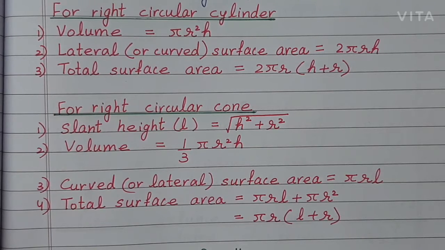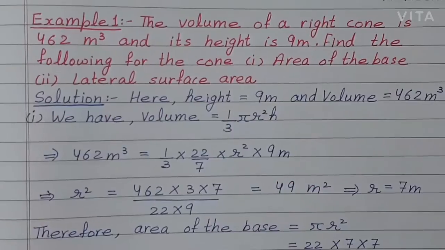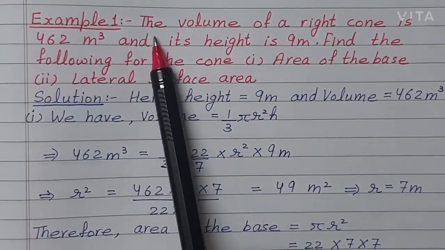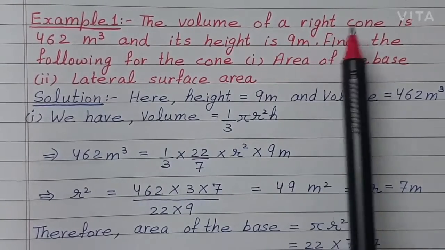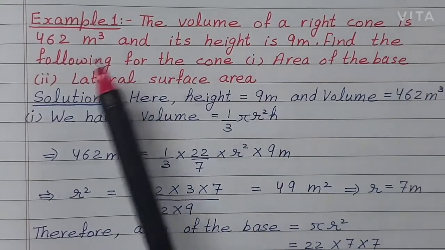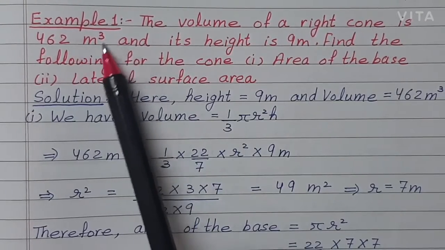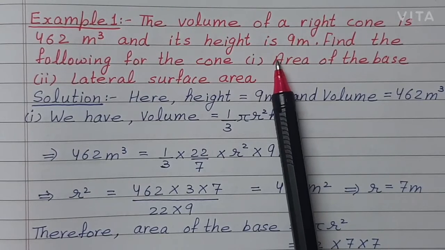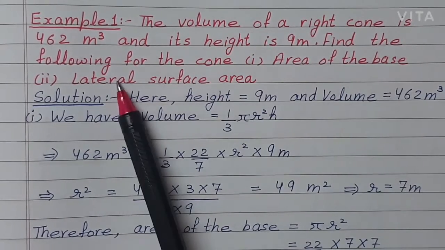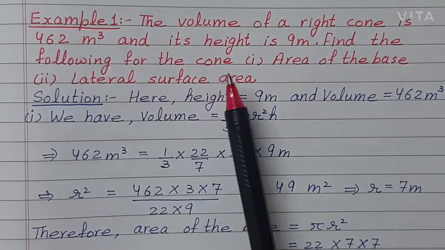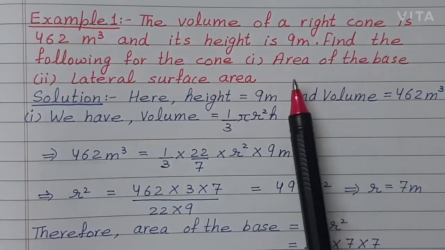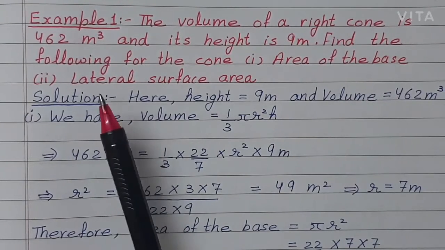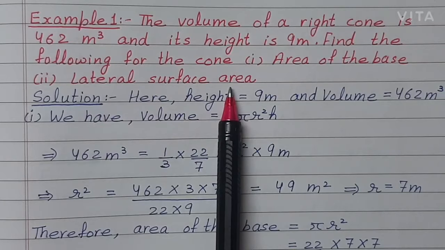So now let us discuss a few examples. Example number 1: the volume of a right cone is 462 meter cube and its height is 9 meter. Find the area of the base of the cone and the lateral surface area.